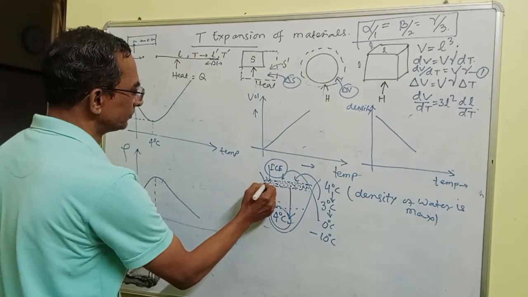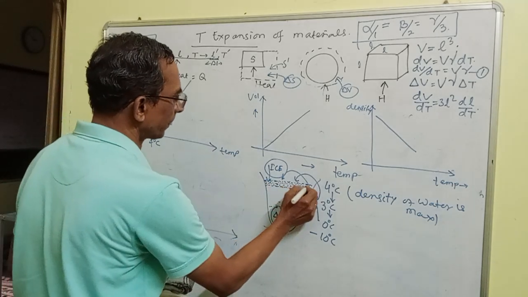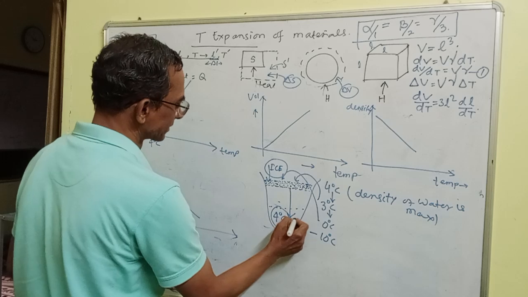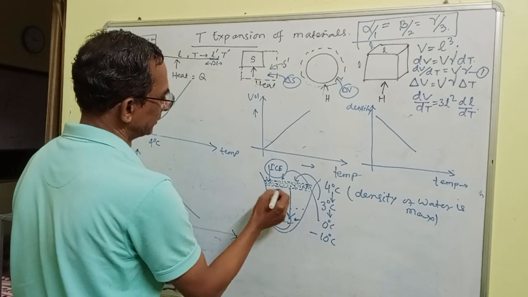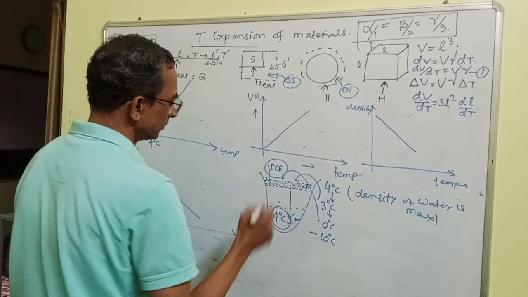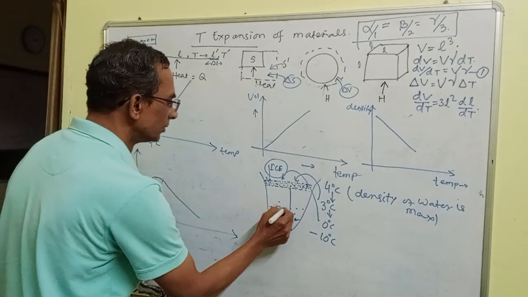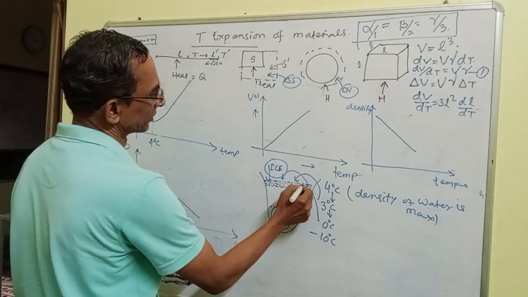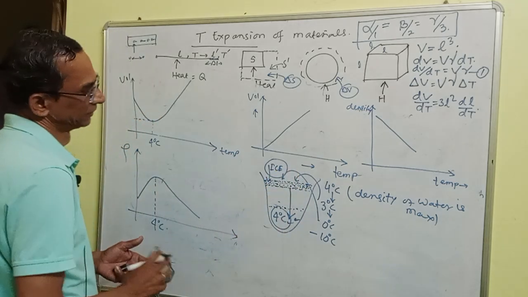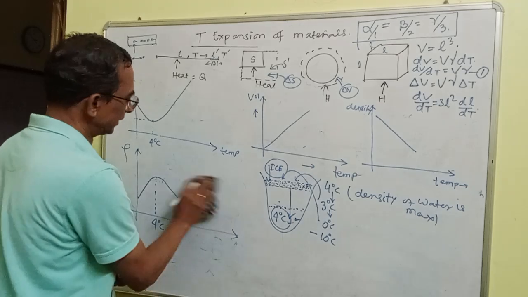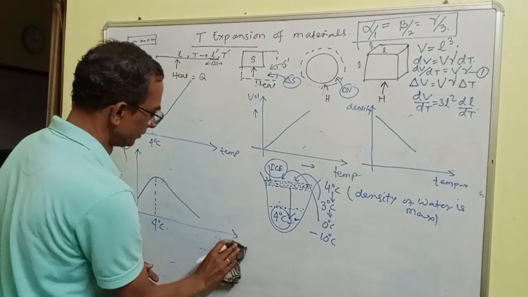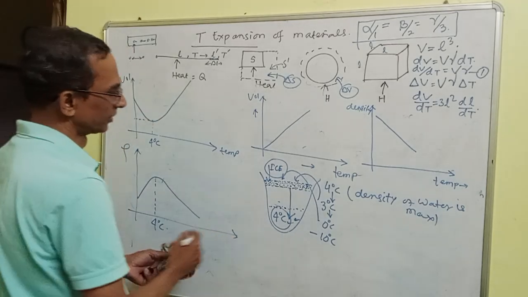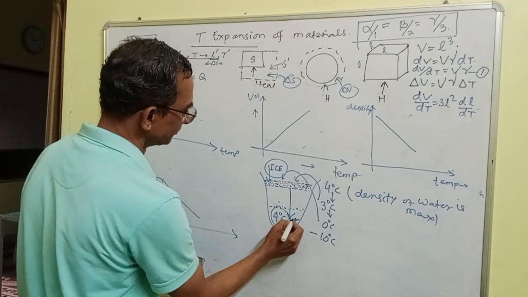For this reason, water remains in liquid form at the bottom of the lake, whereas at its surface it becomes ice. Hence, there is relief for marine life, fish and all.